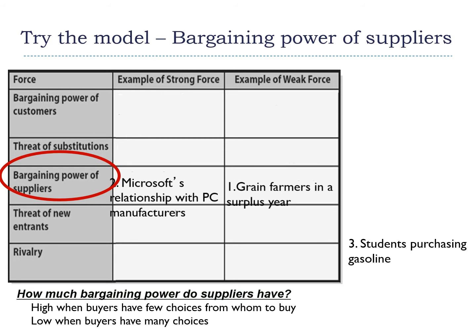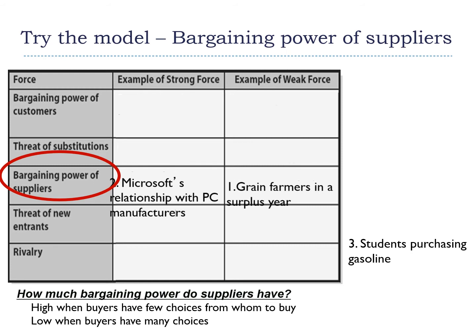Third, students purchasing gasoline. This is a little bit tricky. If that area has a lot of gas stations, the supplier will be the weak force because students have a lot of choices.